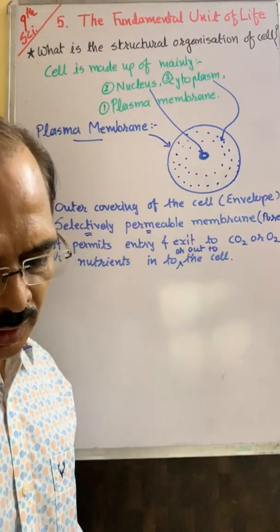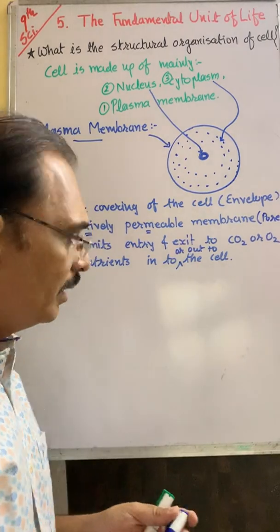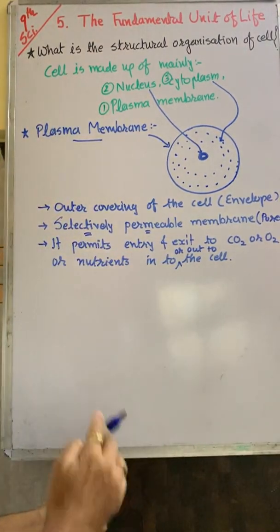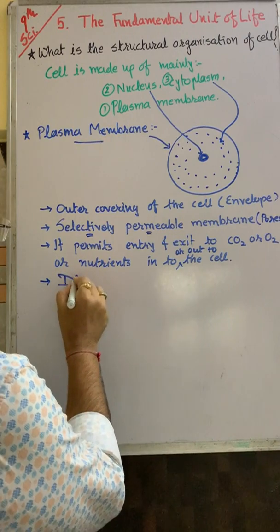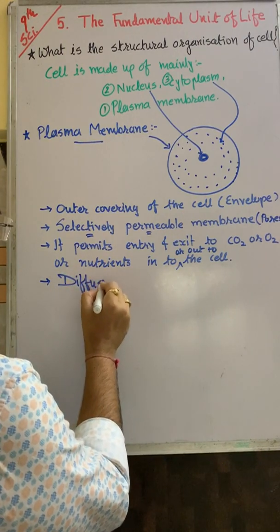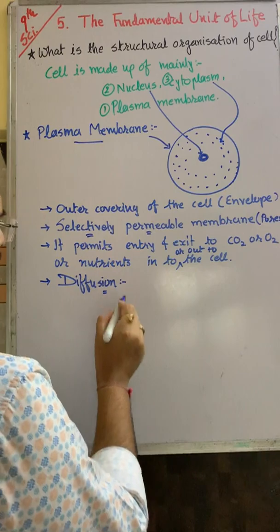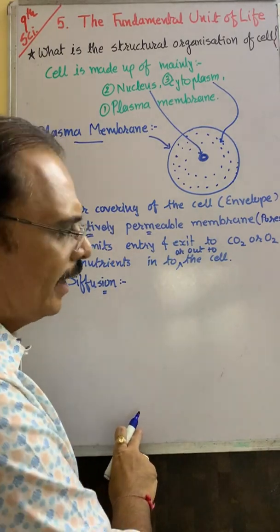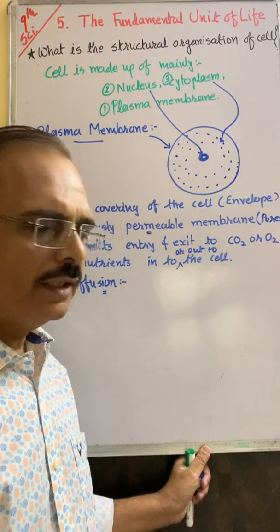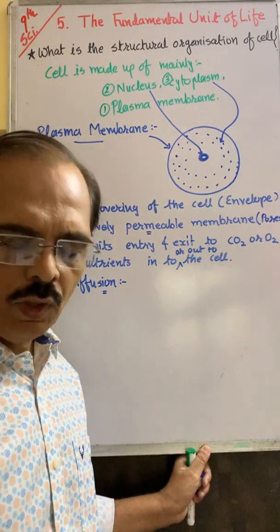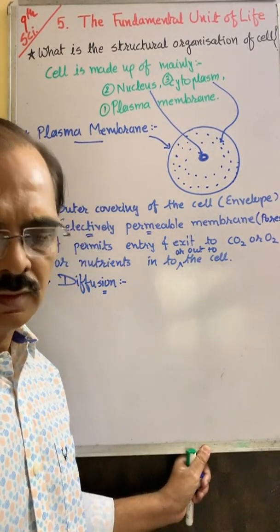Is it okay? So this happens because of two processes. The first process is known as diffusion. You have learnt about it. Entry or exit of carbon dioxide, oxygen, or any other material is due to diffusion. What do you mean by diffusion?